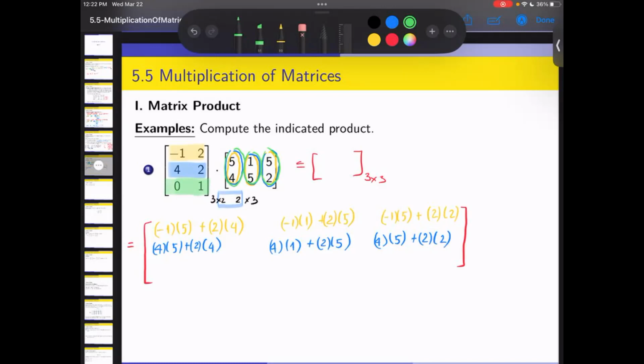You already did. So the last one, this one. Yeah, you take the first row, multiply with the first column. First row, first column. First row, second column. First row, third column.